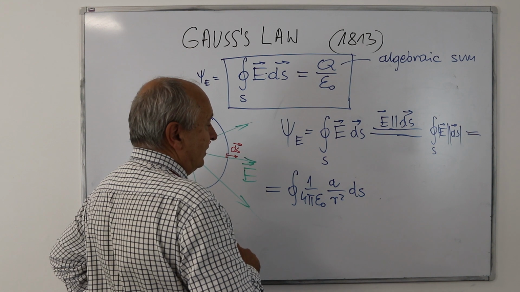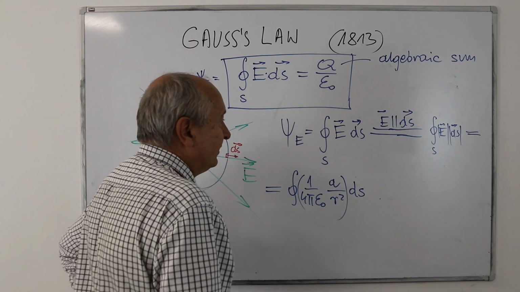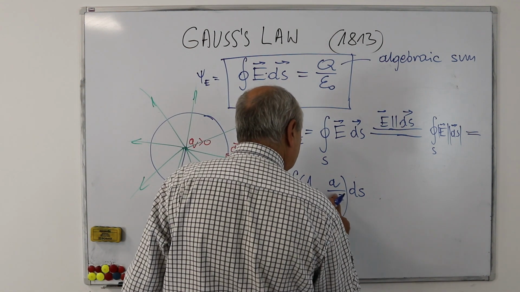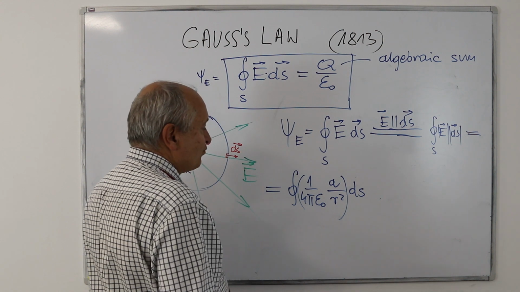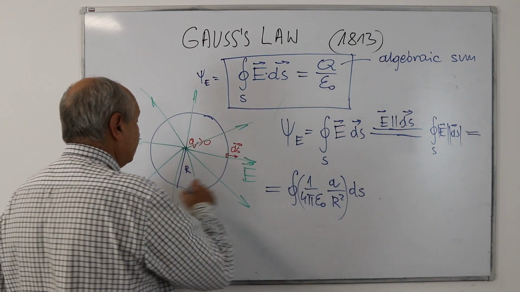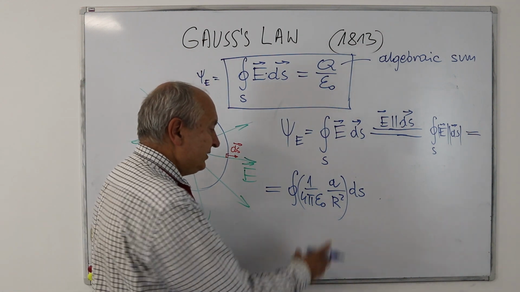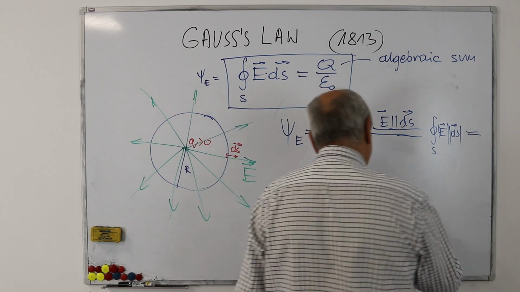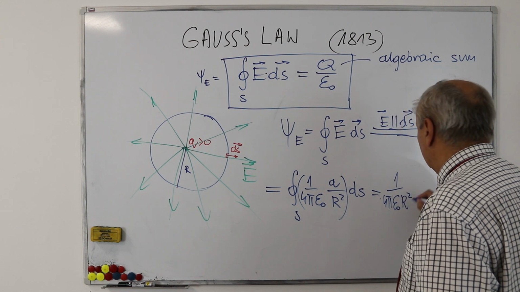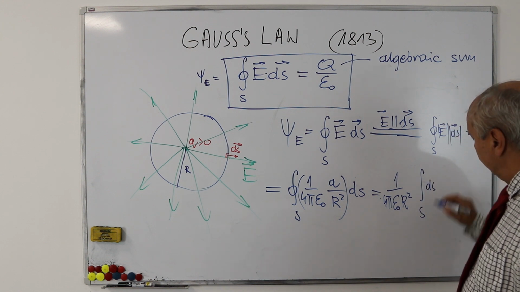This is the module of vector E. This is the value of E at the distance of R. But here we are calculating through the surface whose radius is equal to R, big R. We see that this is constant, so we can put the constant before the integral, and here we have ds.